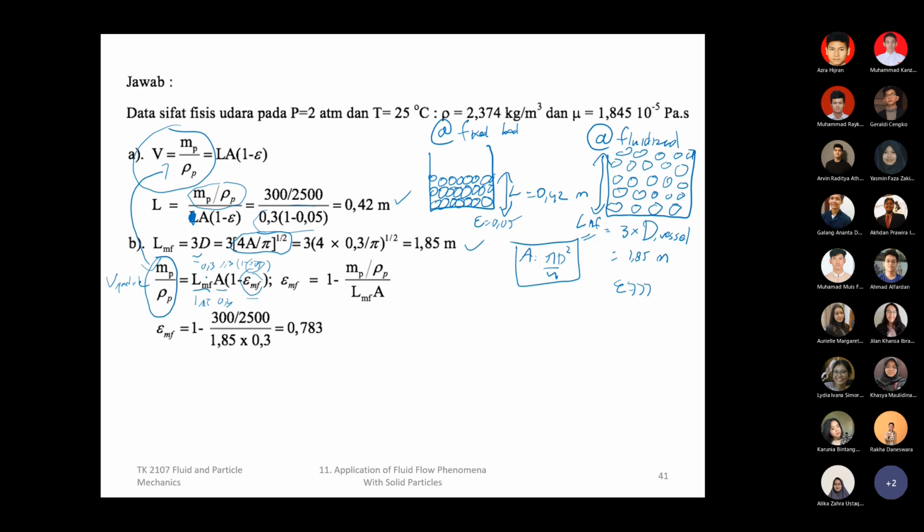Now when the length increased by 6-fold because of the fluidization with the same amount of the particle, of course the epsilon at fluidization must change. Any question or correction?